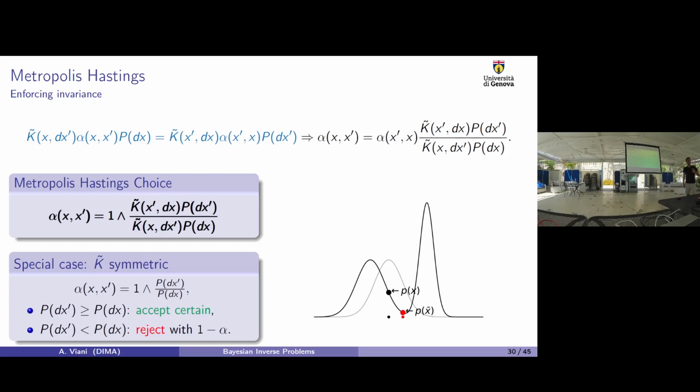It doesn't tell us that the chain is irreducible. So we also have to check that we can move and explore the space properly.